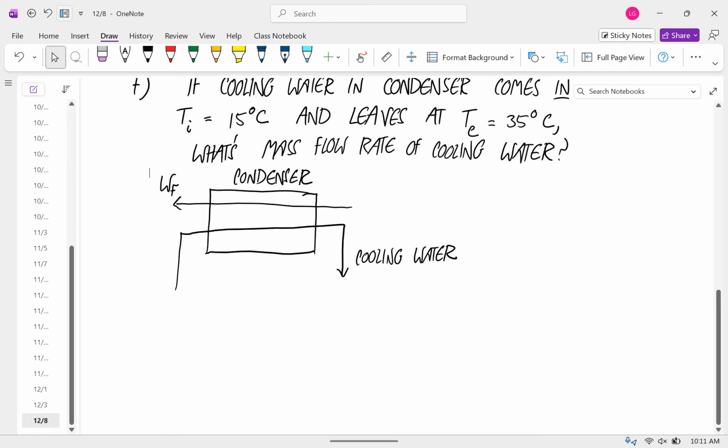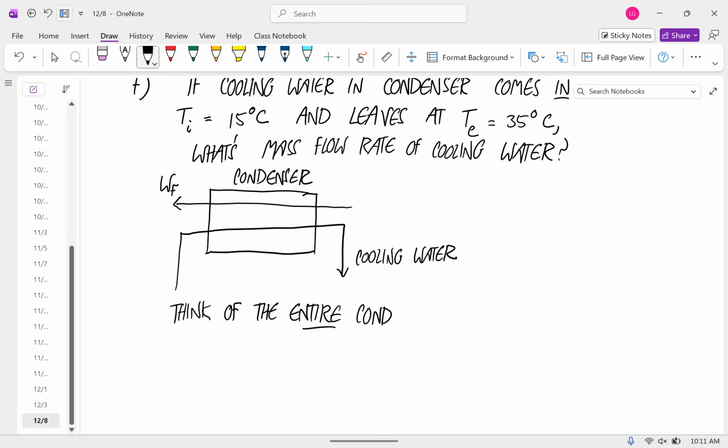And so we are going to think of the entire condenser as a control volume.